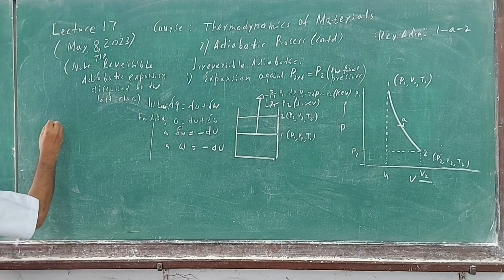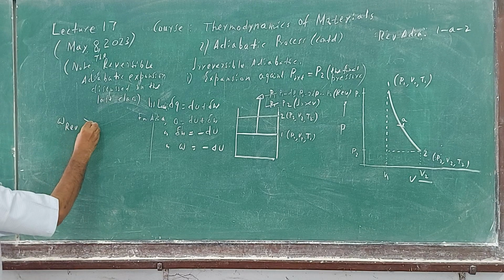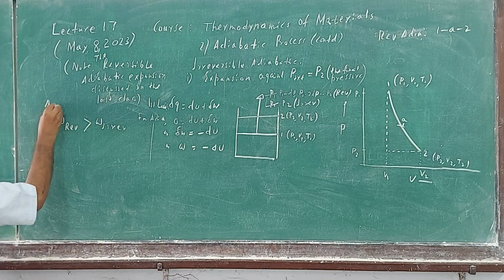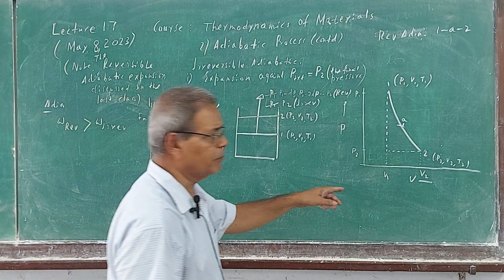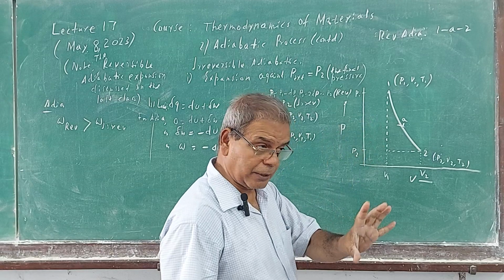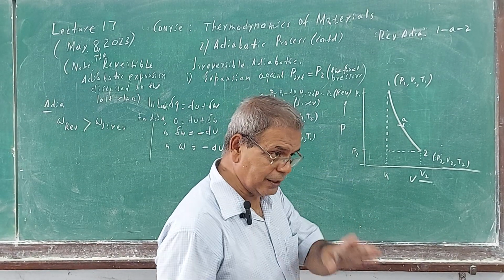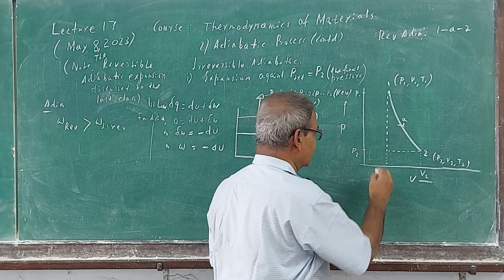I am giving you a logic. Now please tell me, W reversible is greater than W irreversible. Adiabatic I am discussing. First of all, do you accept this or not? Why do we accept? Because I said that for isothermal and adiabatic, reversible work is greater than irreversible. You can see here, this is the area under the curve 1A2.